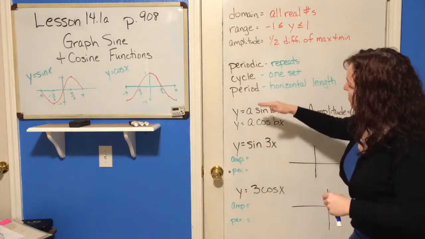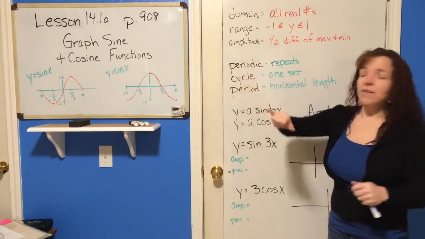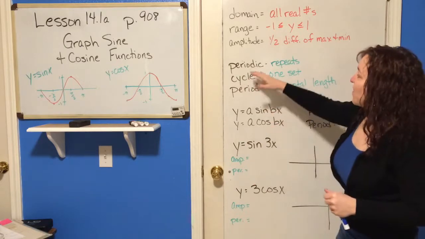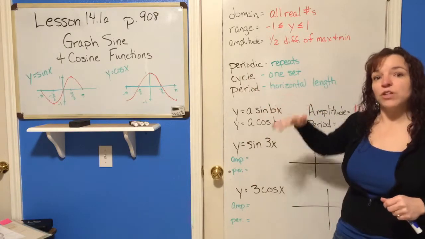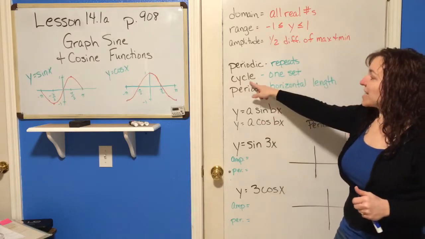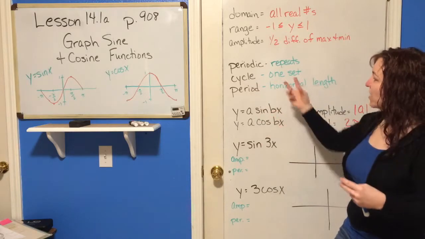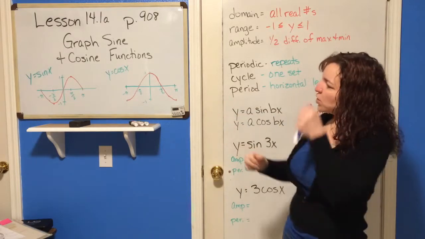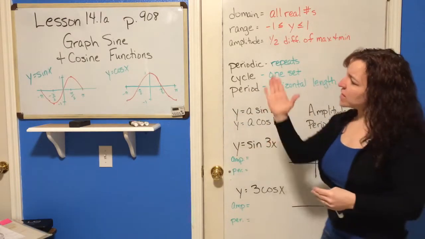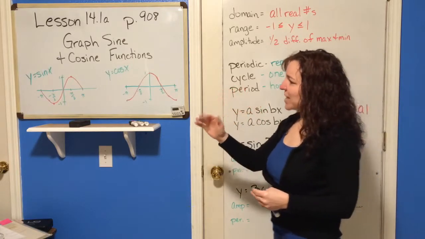All right. These functions are periodic, which simply means that they repeat. It's going to be the same thing over and over. And when we talk about one cycle, it means just one set of what repeats. So what I've drawn is one set, and I actually drew it over the x-axis.